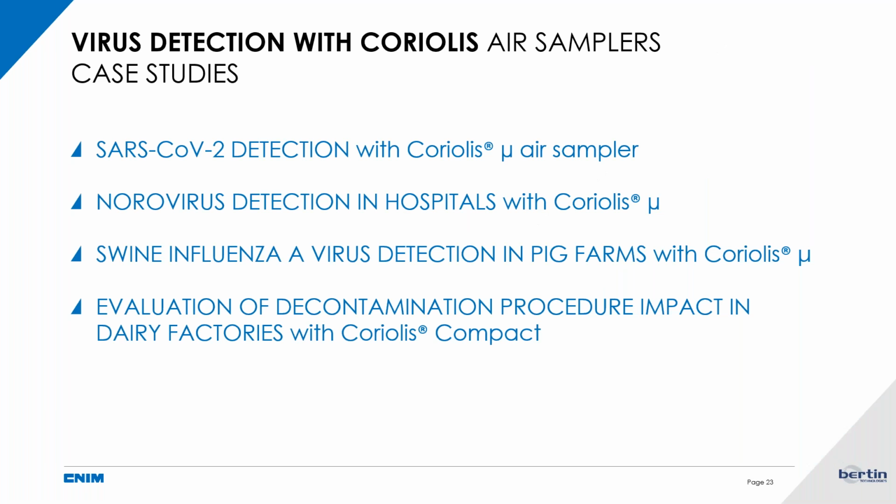So we are going to visit the SARS-CoV-2 detection with the Coriolis Air Sampler, the norovirus detection in hospitals with the Coriolis Micro 2, and swine influenza virus detection in pig farms. And also we are going to show some results that we obtained with the Coriolis Compact. I will pass the microphone to my colleague, Sophie.